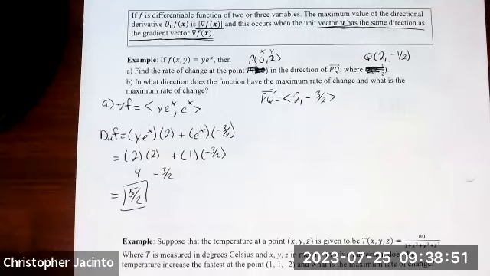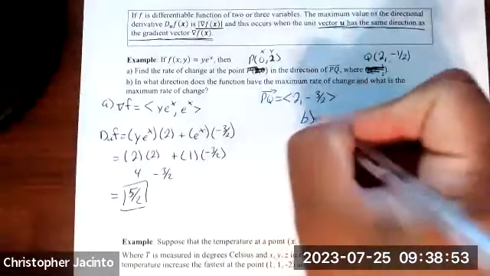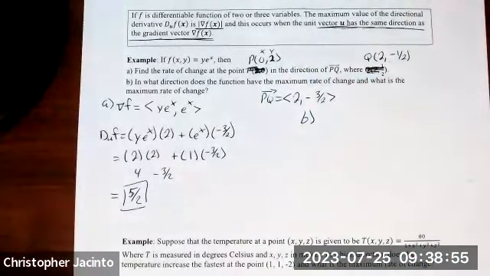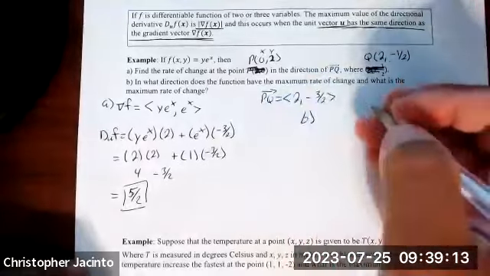Now, part B says, in what direction does the function have the maximum rate of change, and what is the maximum rate of change? Okay, so remember, this is only good if the unit vector is in the same direction, and that's the key thing. So first, we've got to find the unit vector with respect to this.